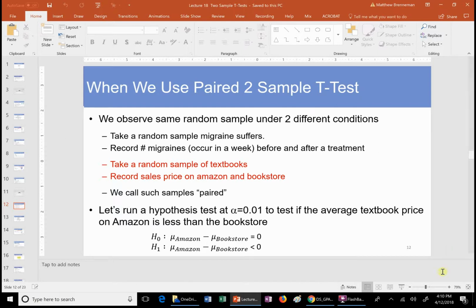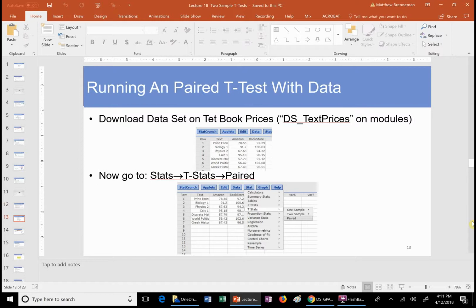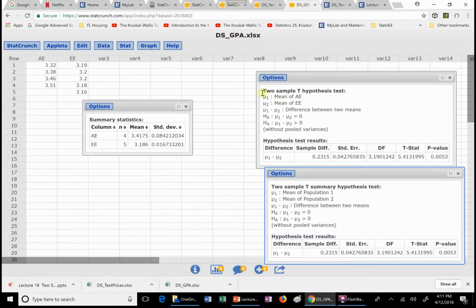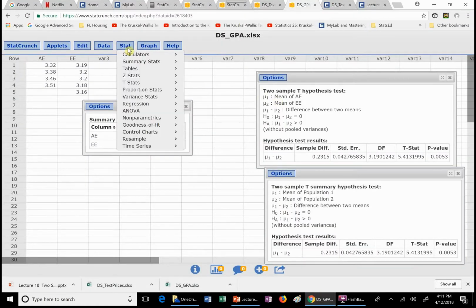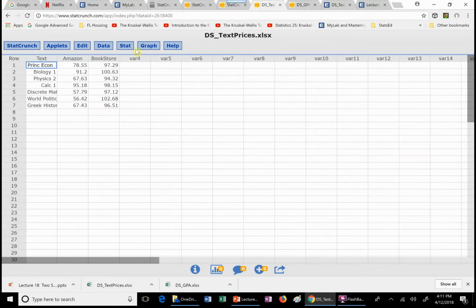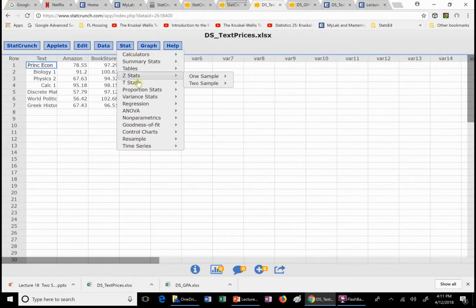So let's go ahead and download that into StatCrunch and play with that a little bit. And notice that it's actually very similar, right? It's going to be Stats, T Stats, but now instead of two sample, you're going to go to paired. And you go to textbooks. So you go to Stats, T Stats, and then you choose paired.